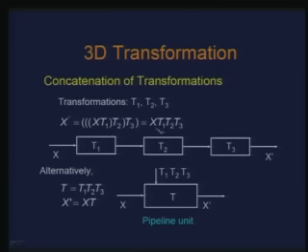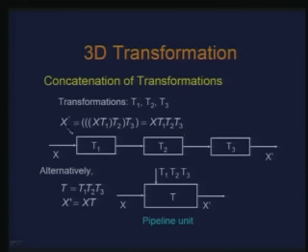This I can write as a simple multiplication of T1, T2 and T3 because I have the law of associativity. So, I can just write the multiplication of matrices T1, T2, T3 to x.